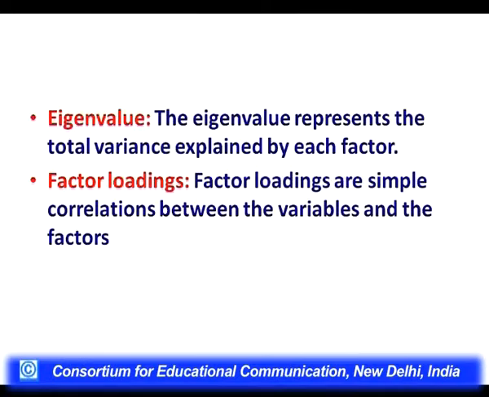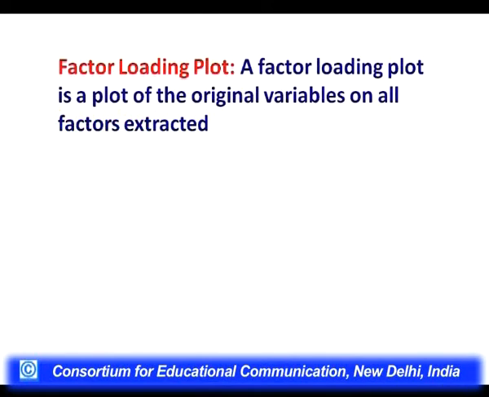Eigenvalue. The eigenvalue represents the total variance explained by each factor. Then factor loadings. Factor loadings are simple correlations between the variables and the factors. Factor loading plot. A factor loading plot is a plot of the original variables on all factors extracted.